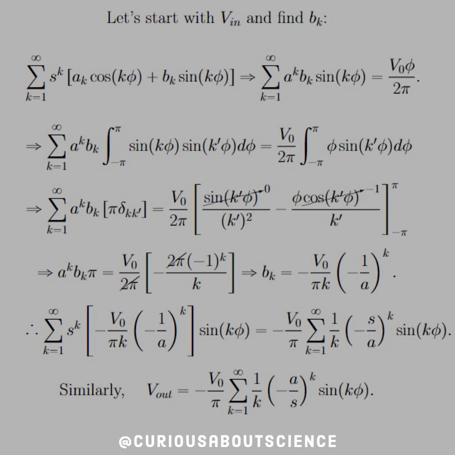So that'll be fine there. We see that the 2 pi's cancel, and we're able to divide over the a and pi. Solving for b_k, we get negative V0 over pi k times negative 1 over a to the k power.